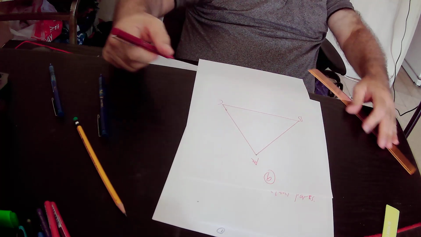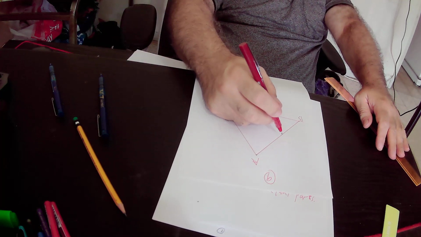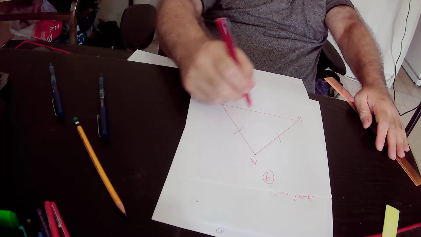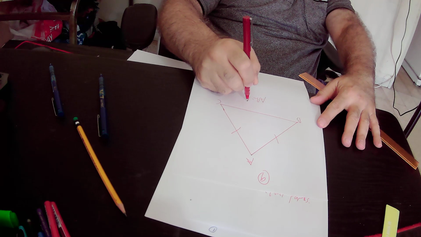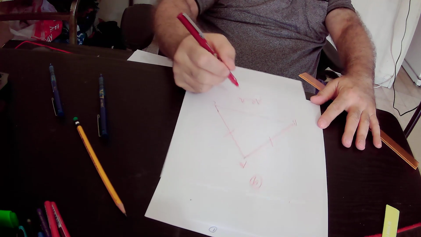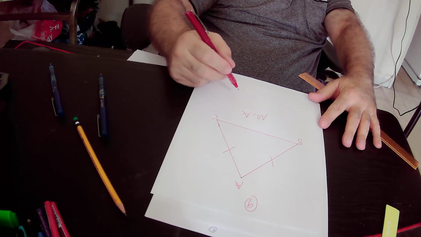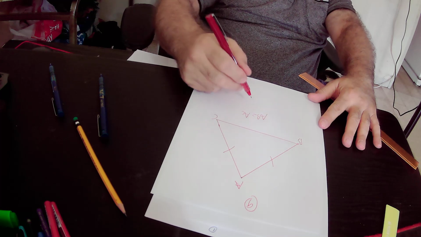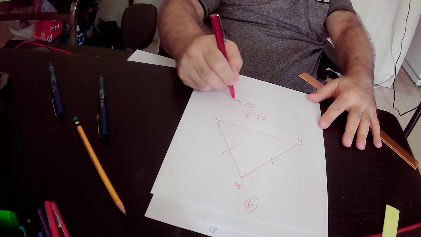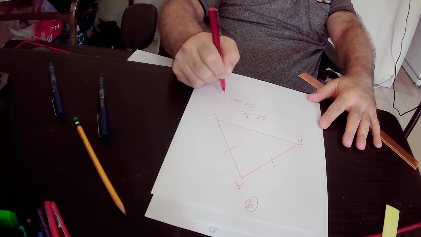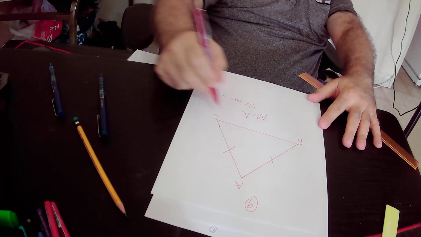That is to say, AB equals AC, and the base is BC. The base is side BC.